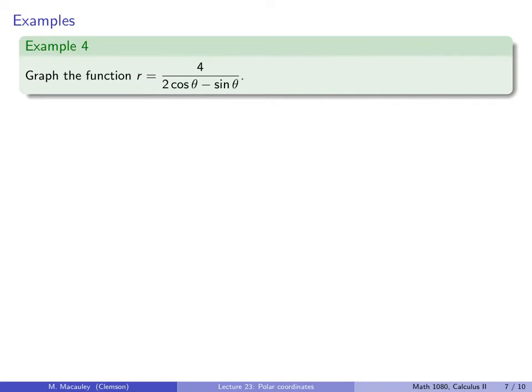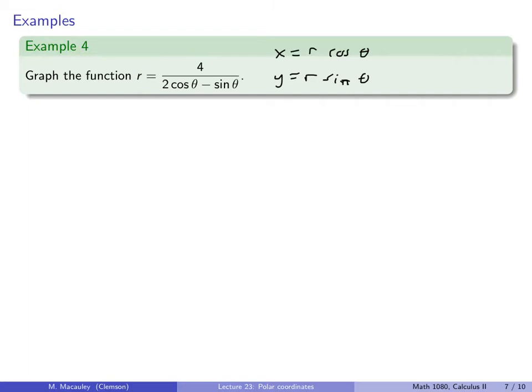So remember that x equals r cosine theta and y equals r sine theta. Now, do you see any r cosines and r sines in here? Well, if you multiply this over to the left-hand side, you get an r cosine and an r sine, and we can turn those into x's and y's.